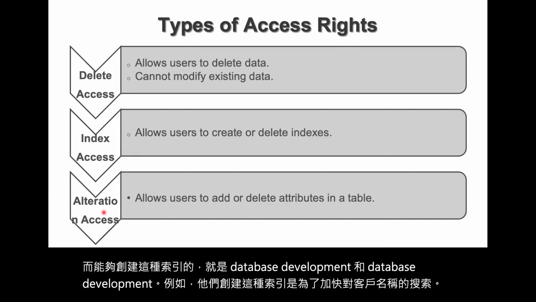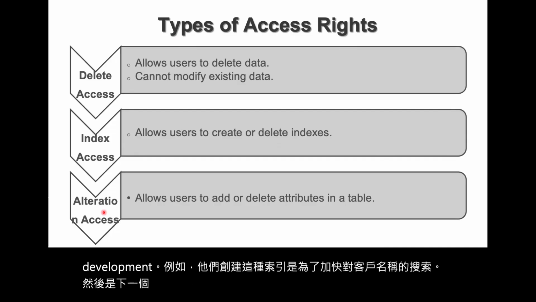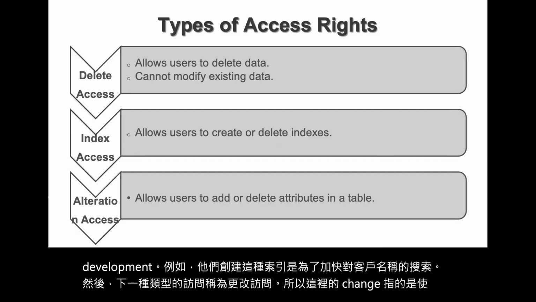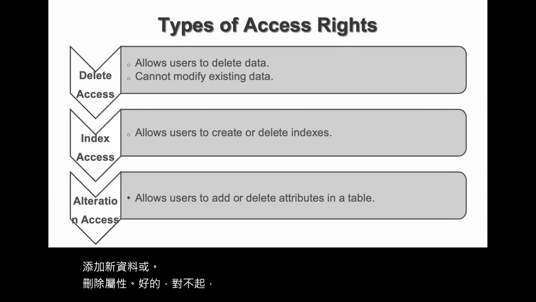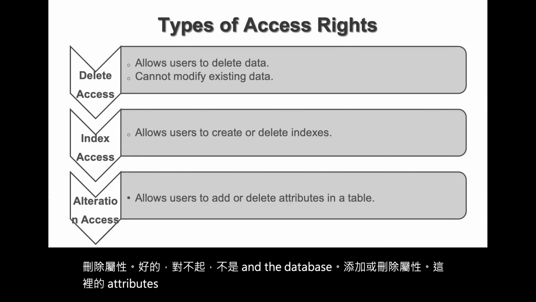And then the next type of access is called alteration access. So alteration here means the users can add or delete the attributes. The attributes here means the columns in a table, sorry.